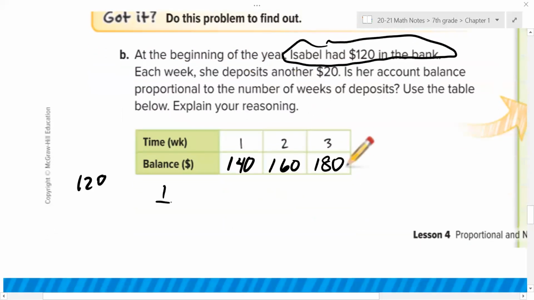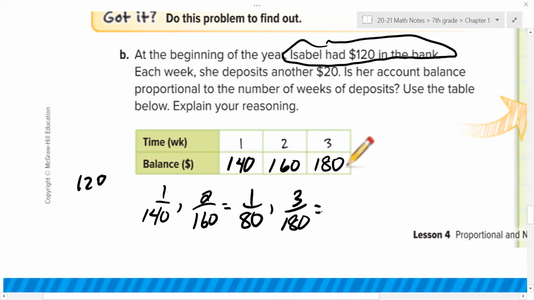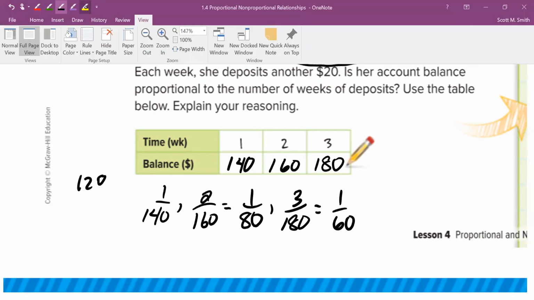So I'm going to find that that's going to be a rate that's going to be the same. I can't change that at all. So that's one of my rates. 2 over 160 can be simplified to being 1 over 80. 3 over 180 can be simplified to being 1 over 60. So these are my 3 rates that I just found.